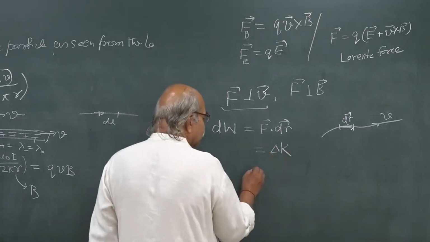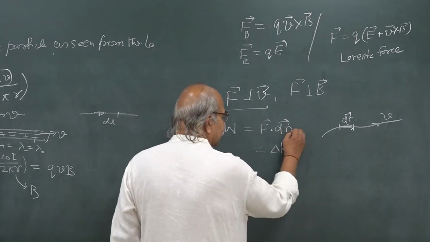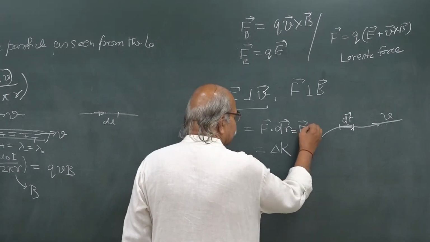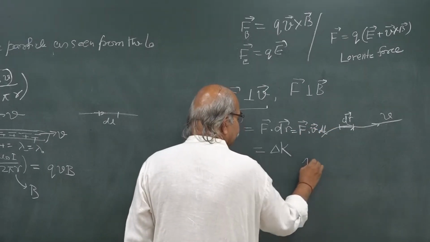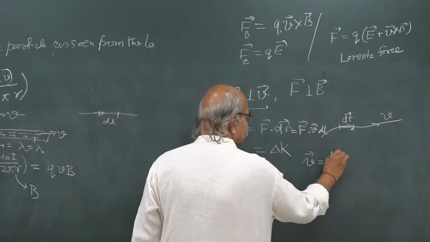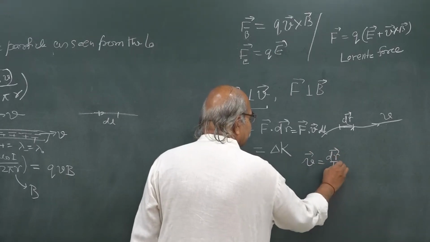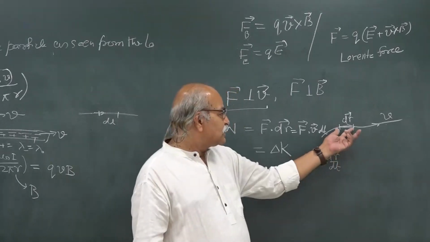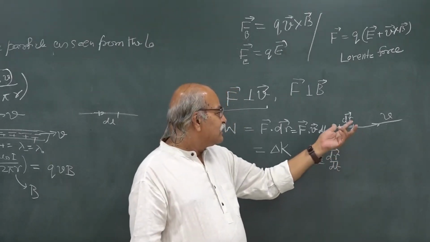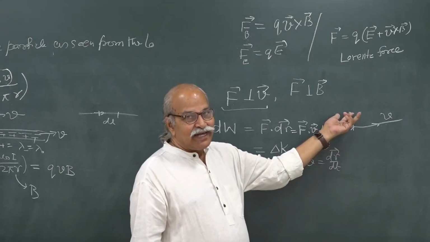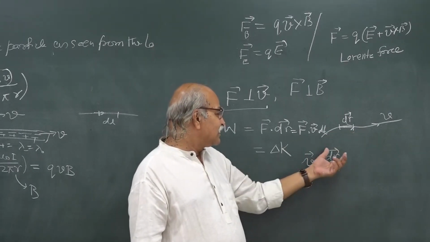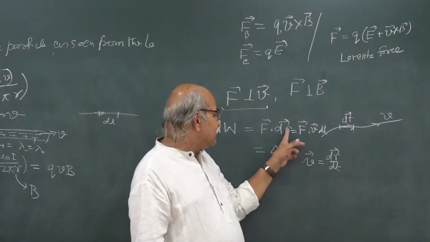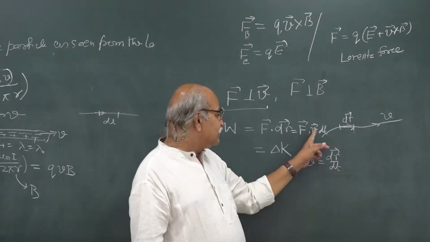Now, this dr you can write as F dot v dt, v vector and then dt, because v is nothing but dr by dt. That is the definition of velocity. If you have a small displacement dr and then it takes time dt, you divide, take the limit dt going to 0, that is velocity. So, v is dr by dt. So, you can write this dr as v dt.